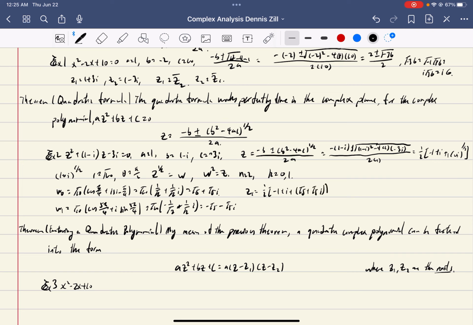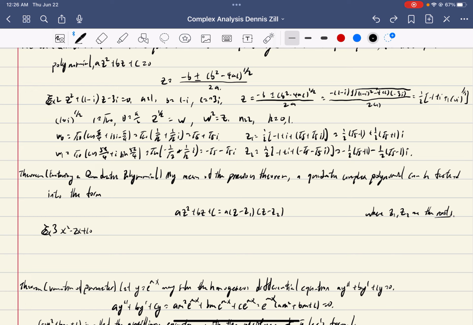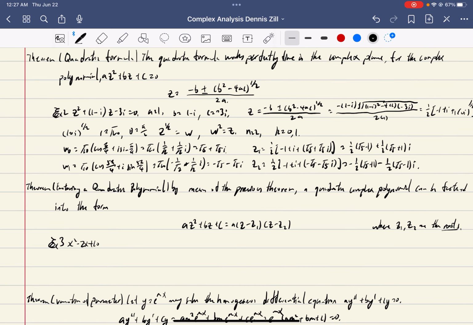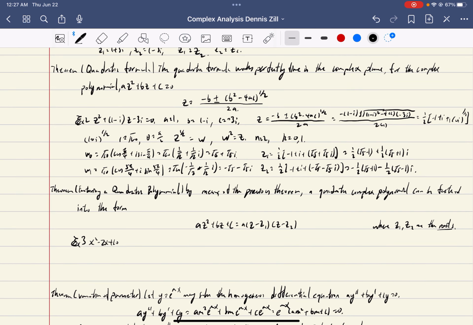Now, factoring a quadratic polynomial by means of the previous theorem, a complex quadratic polynomial can be factored into the form a times (z minus z1) times (z minus z2).